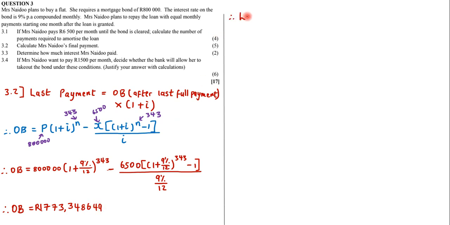And then to get the last payment, we take our 1773,486.49 and multiply it with 1 plus I, which is in this case 9% over 12. Let's see what we get there.